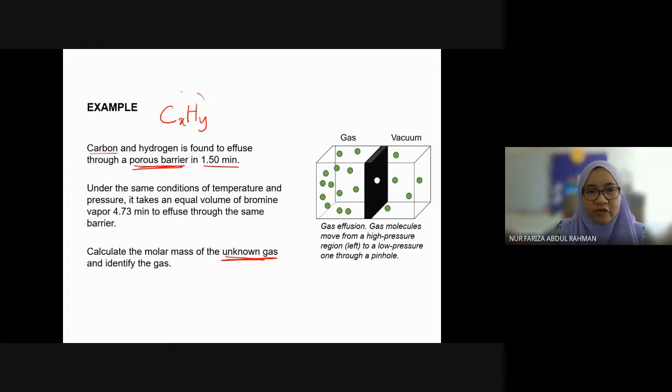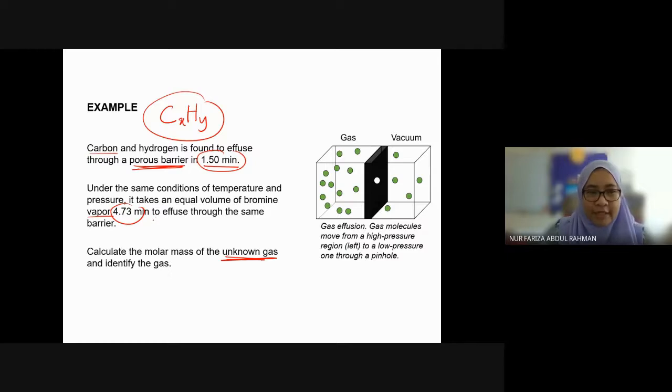So this unknown gas travels through a porous barrier and requires only 1.5 minutes. Under the same condition of temperature and pressure, an equal volume of bromine vapor takes 4.73 minutes to effuse through the same barrier, which is longer than the unknown gas.